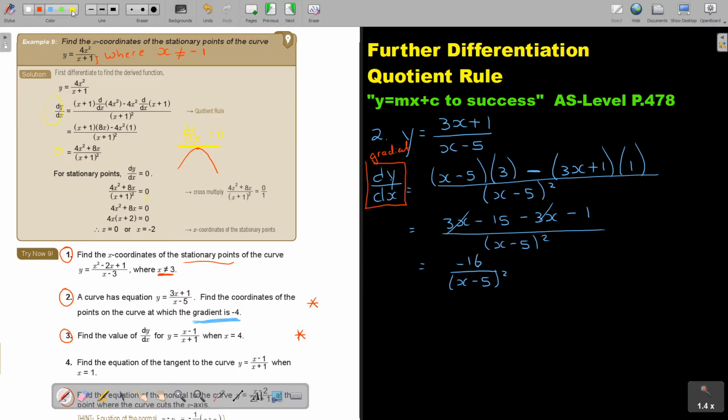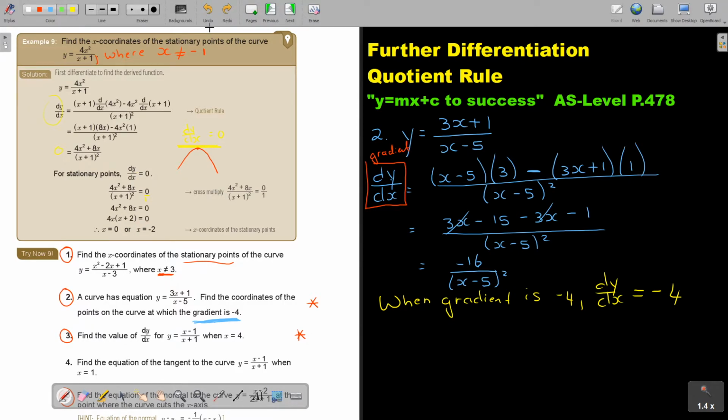Okay, so then I'm going to say when gradient is negative 4, that means dy by dx will be equal to negative 4. You substitute in there, not in the place of x, in the place of dy by dx. So that will give me then, if I substitute, negative 4.